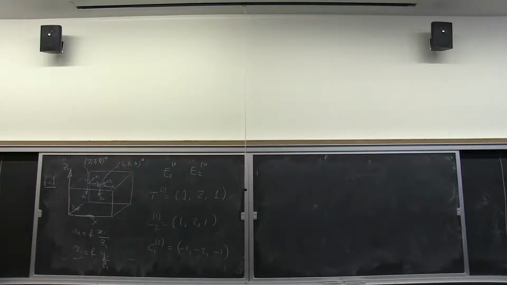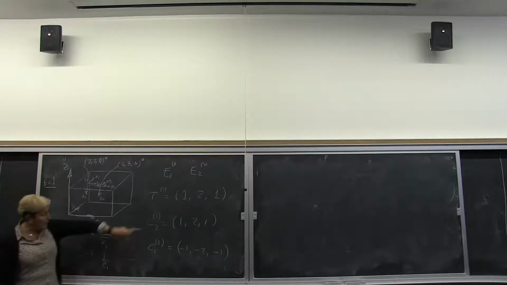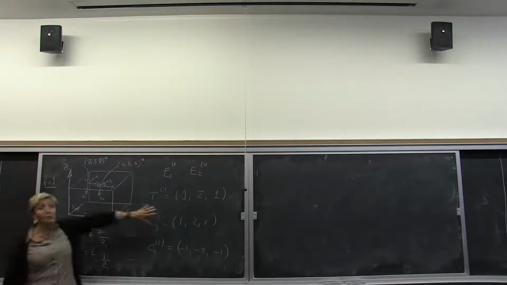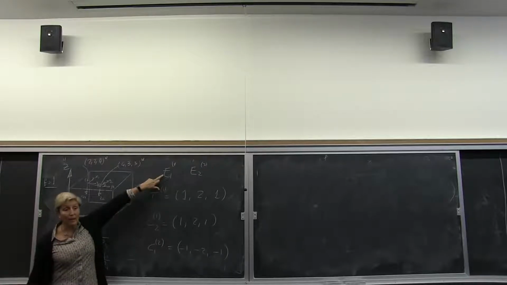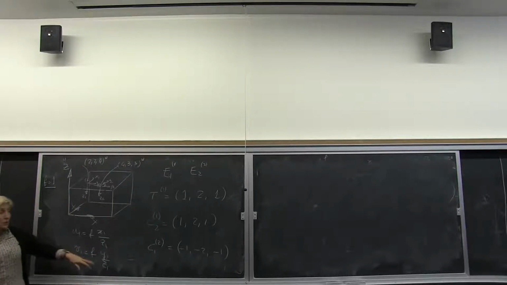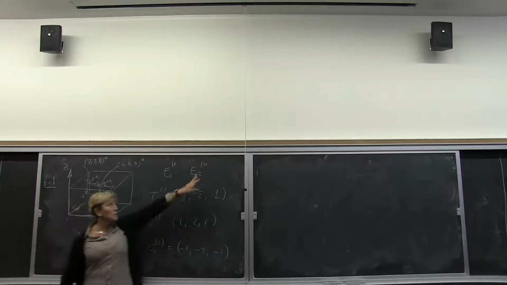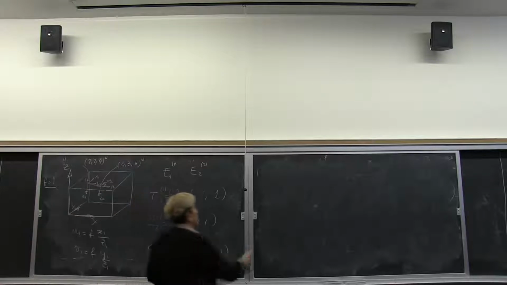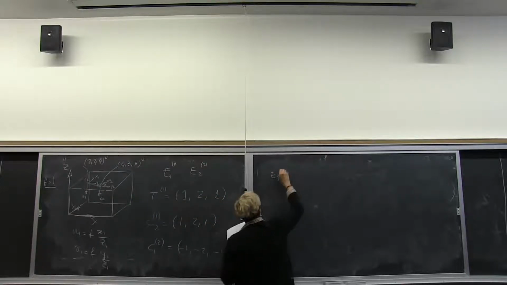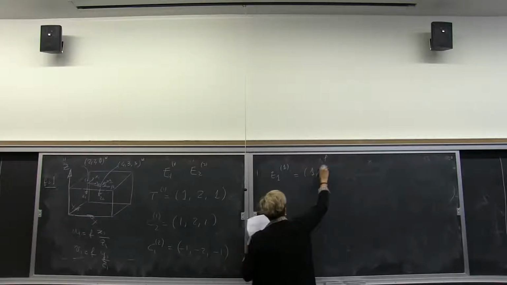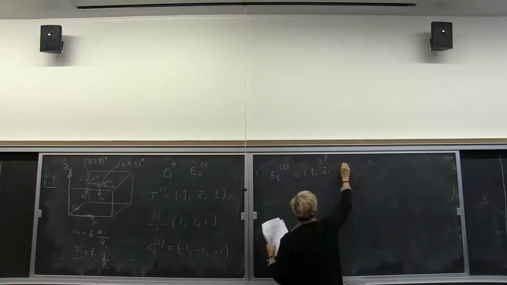So now we can find the epipoles, right? I apply these equations to this point and it gives me this guy. I apply this equation to this point, and it gives me this guy, which is what I was asking. So E1 in camera 1 is equal to 1, 2, 1.